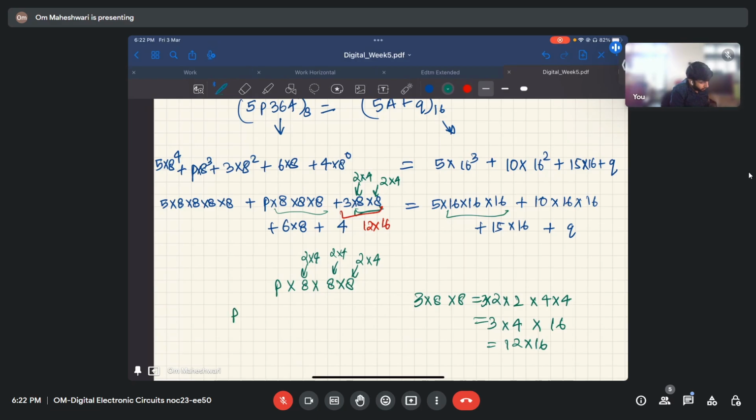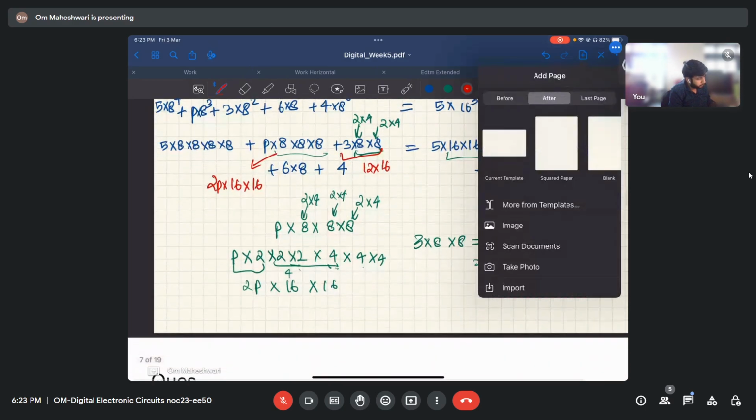Yes, so I have P into 2 into 2 into 2 into 4 into 4 into 4. With these together, that is 2P into 16 into 16. So I can rewrite it as 2P into 16 into 16.